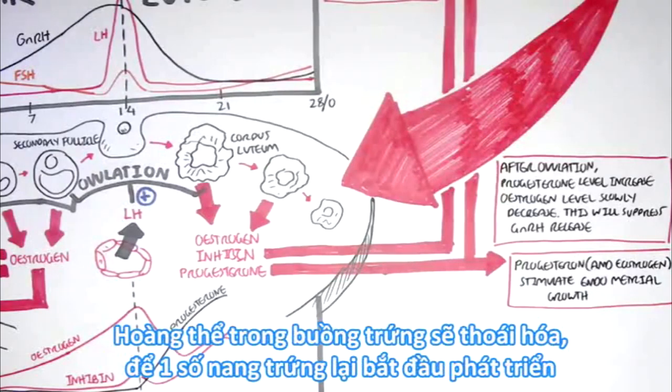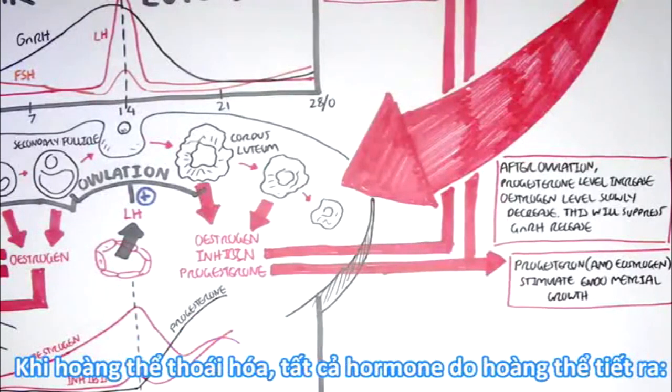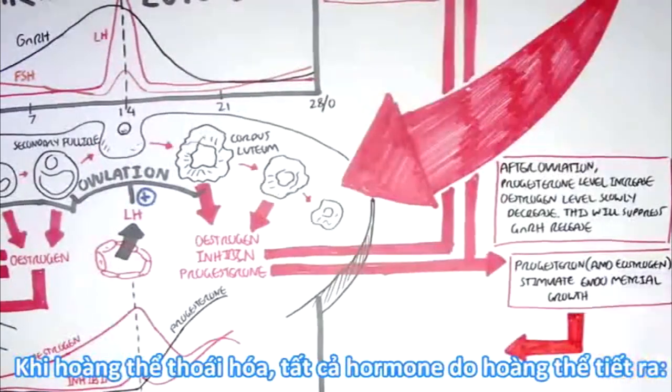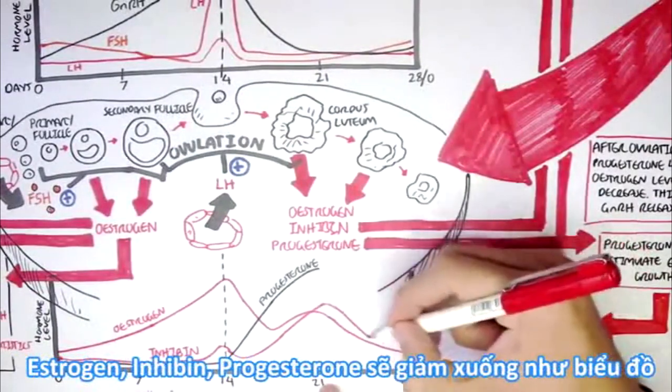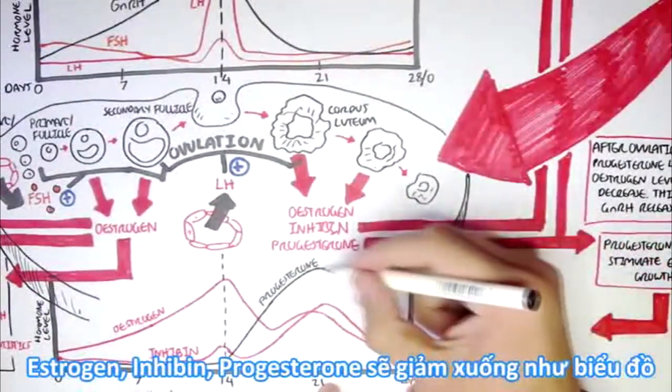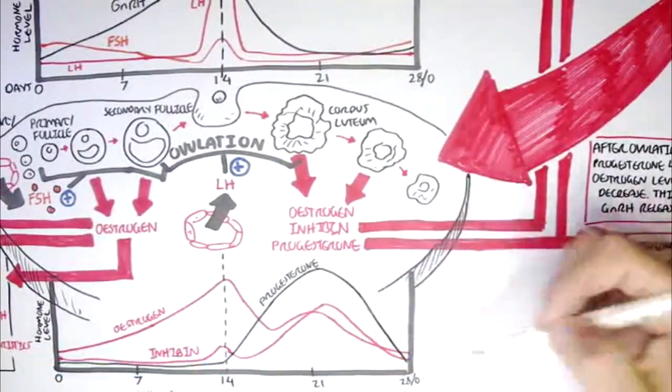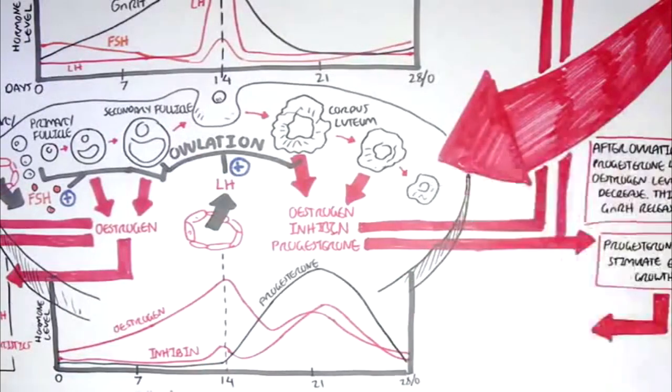The corpus luteum in the ovary will degenerate, allowing a new set of follicles to mature. So as the corpus luteum degenerates, all these hormones that were produced by the corpus luteum, the estrogen, inhibin, and progesterone, will decrease like so.